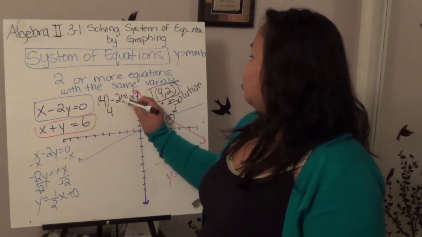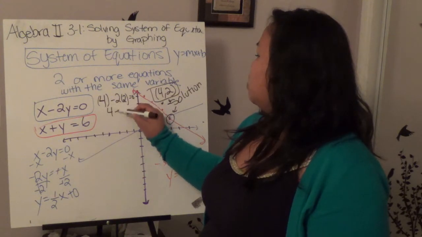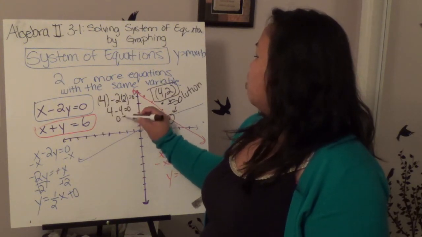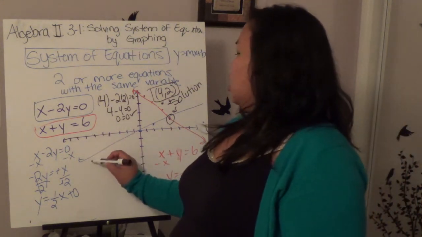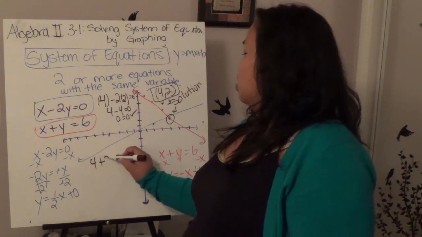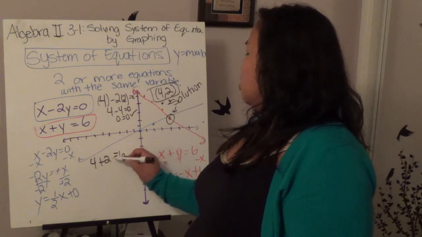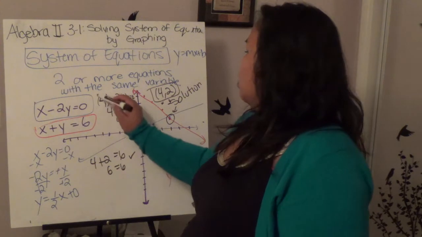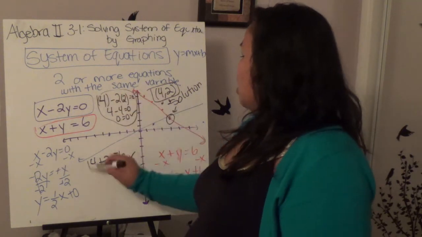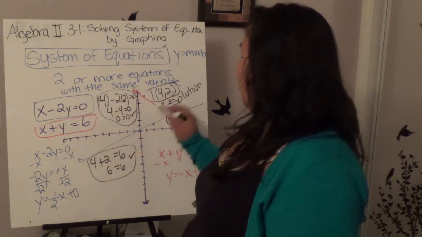Negative 2 times positive 2 is negative 4, so 4 minus 4 equals 0, 0 equals 0. Check. My next one: x is 4, so 4 plus 2 equals 6. 4 plus 2 is 6, equals 6. Check. This is how I check it.